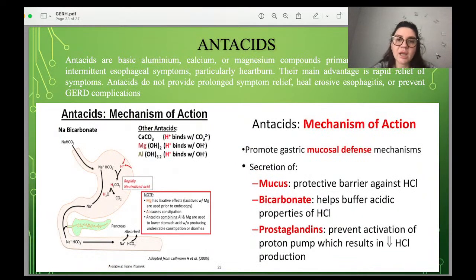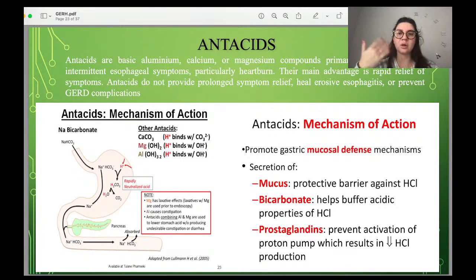Next group, we name it antacids. What is that? Antacids are basic aluminium, calcium, or magnesium compounds, primarily affecting immediate esophageal symptoms, particularly heartburn. Their main advantage is rapid relief of symptoms. Antacids do not provide prolonged symptom relief, heal erosive esophagitis, or prevent GERD complications.